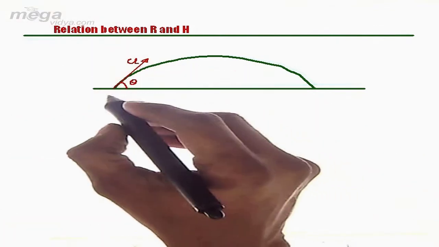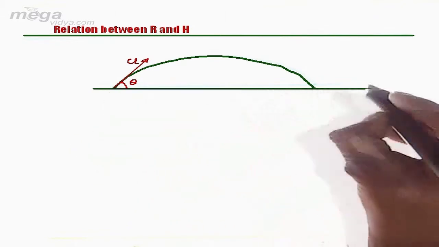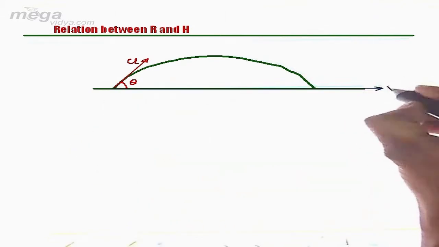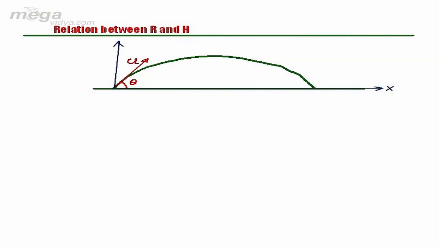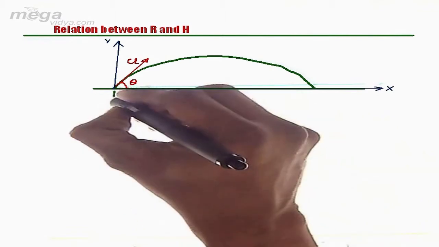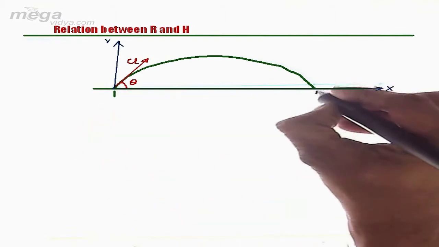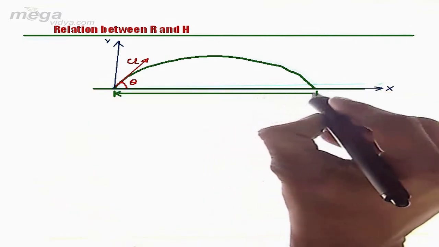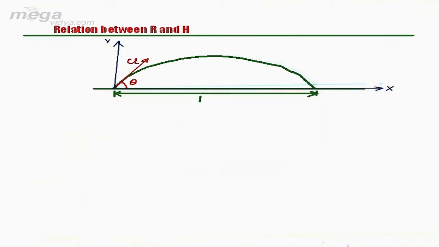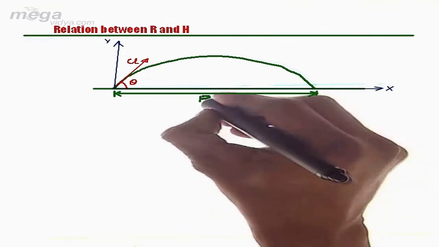Under these circumstances, we take the positive x direction to be along the ground and the y direction to be along the vertical. Now, as per our previous calculations, we know that the horizontal range, which is the distance covered by this projectile in one time of flight along the horizontal, is expressed by R, the range.